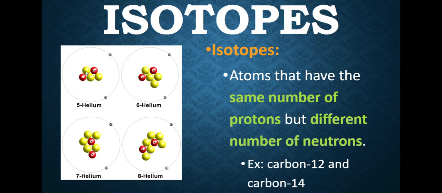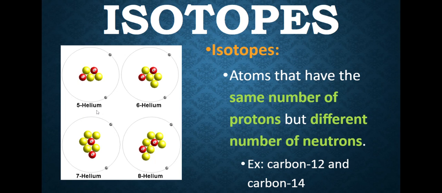So you'll see two protons, two electrons for all four. However, the yellow orbs, the neutrons, change every time we look at a different Bohr model. Here they have three, here four, here five, and here six. What you'll also notice is that the name of the atom changes as we increase the number of neutrons.